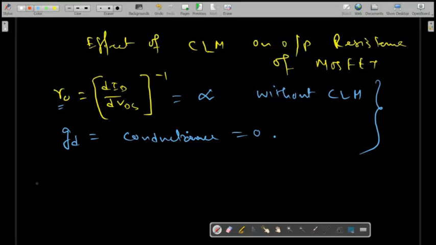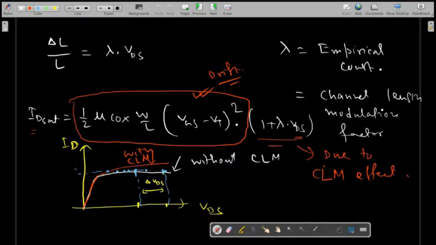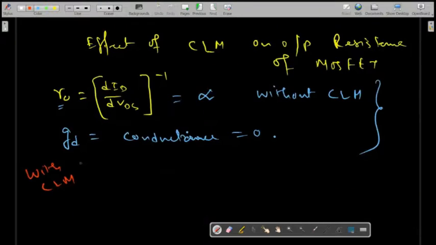Now with CLM, what will happen? It is no longer constant, it gradually increases. So there will be some finite value of delta ID like this. So delta ID is not 0 now. But delta ID increases. So what will happen to R0 if delta ID increases? What will happen to output resistance? Output resistance will reduce.